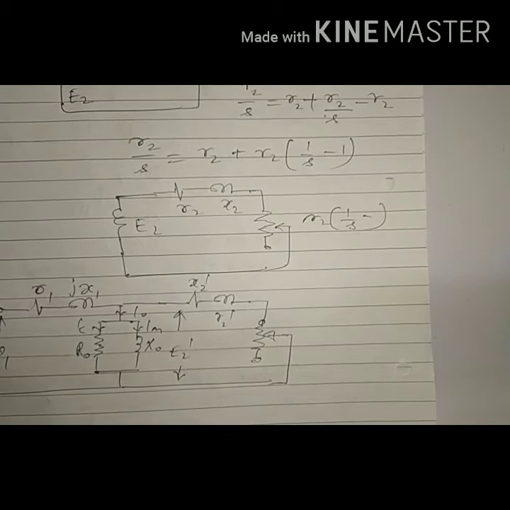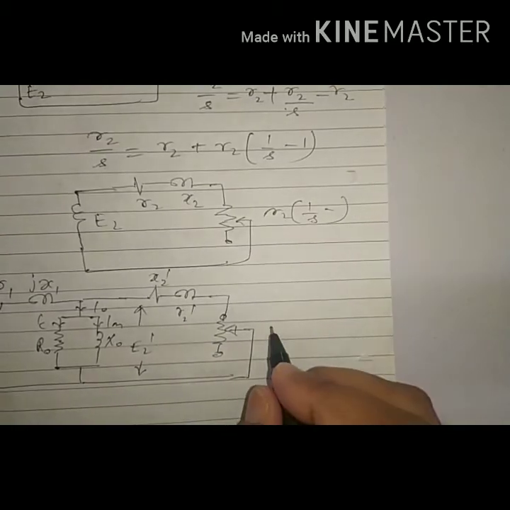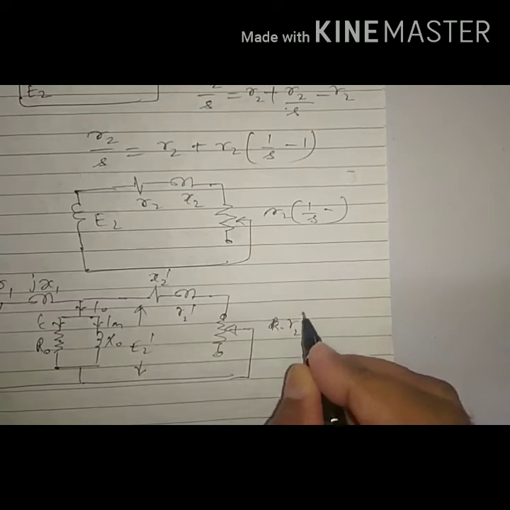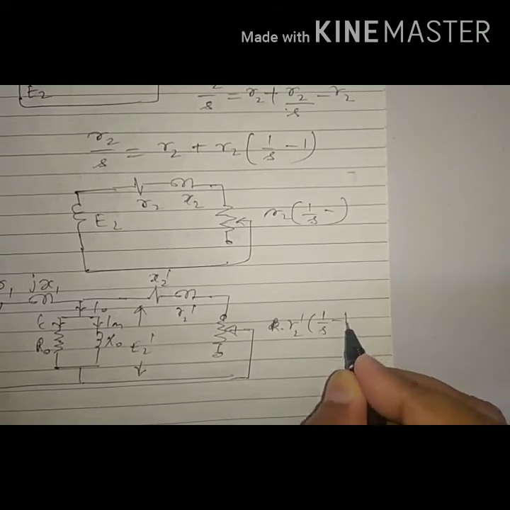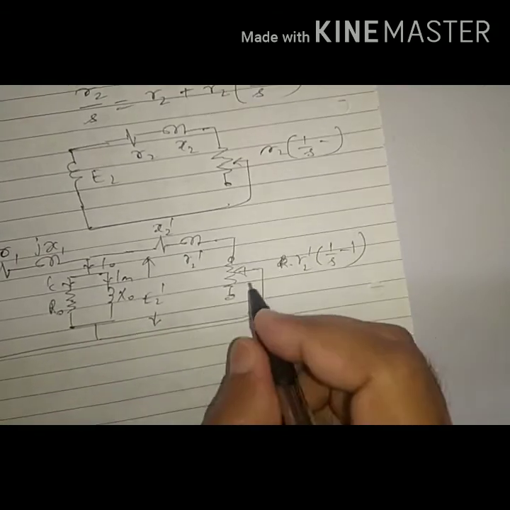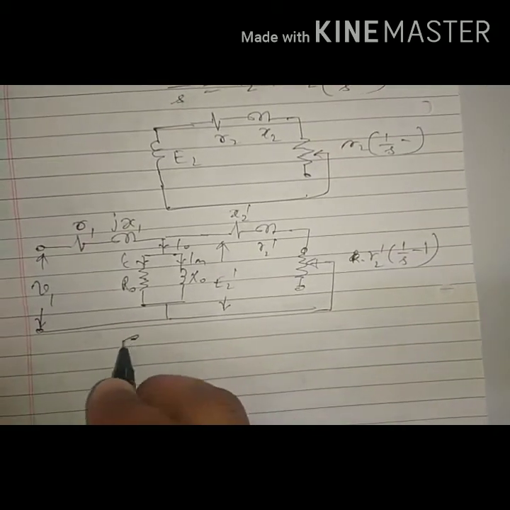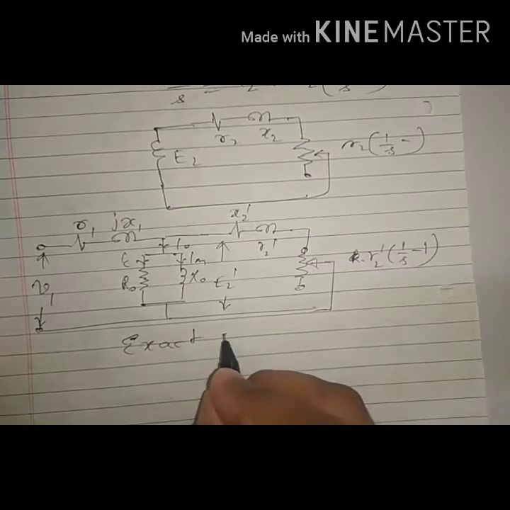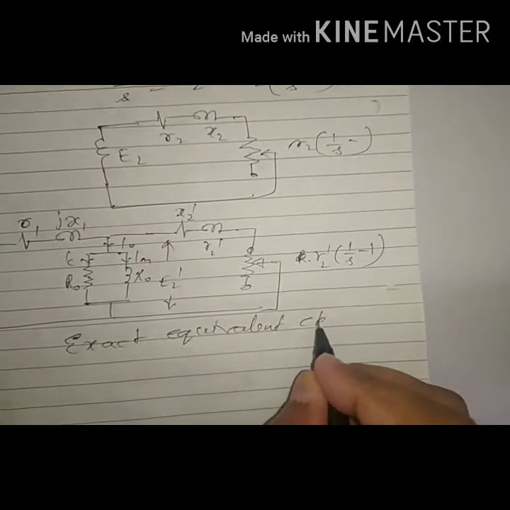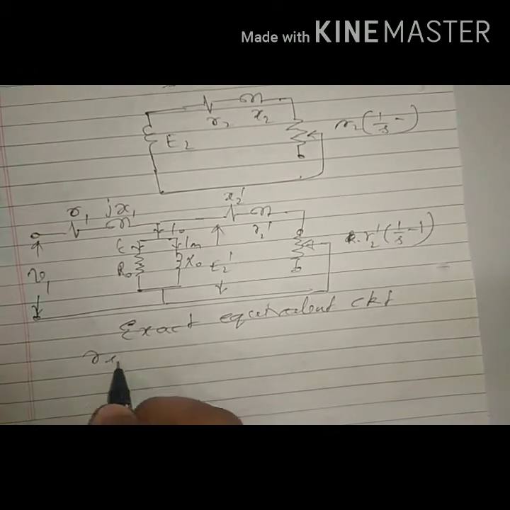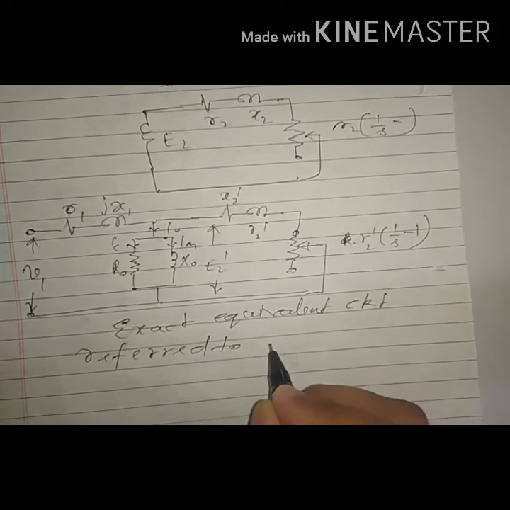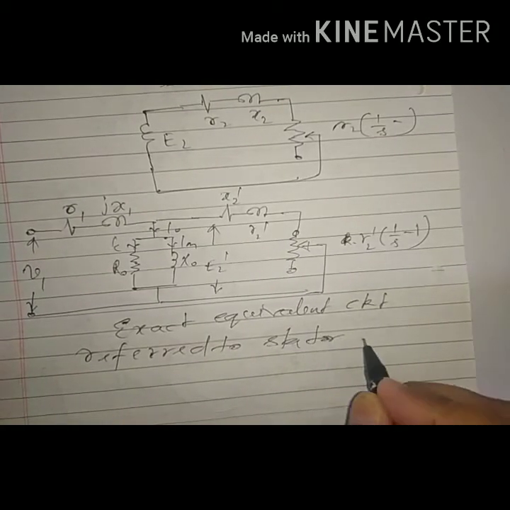Right. So I will write here R2 dash (1 by S minus 1). So this is the exact equivalent circuit referred to the stator side.